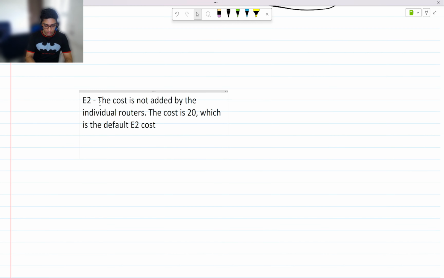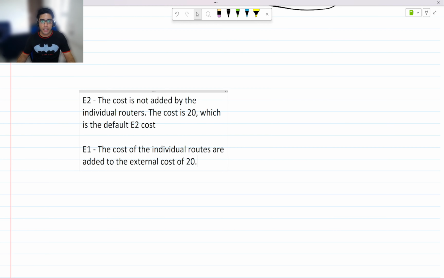But in E1, the cost of the individual routes are added to the external cost of 20. This is the difference between E1 and E2 routes.